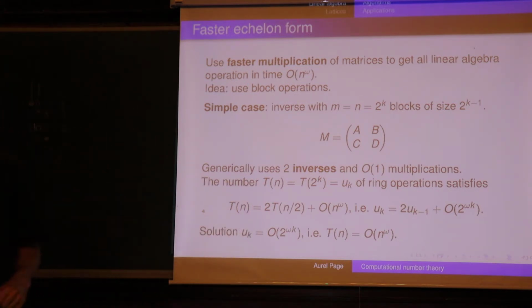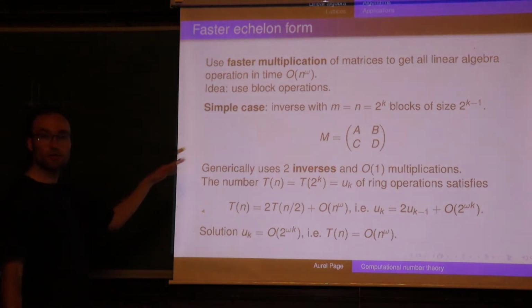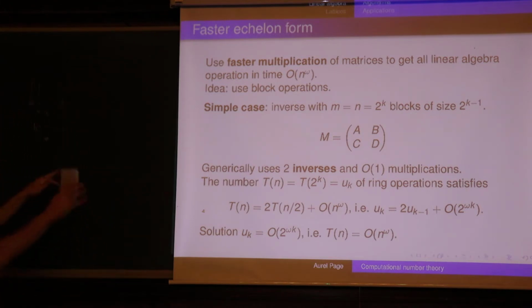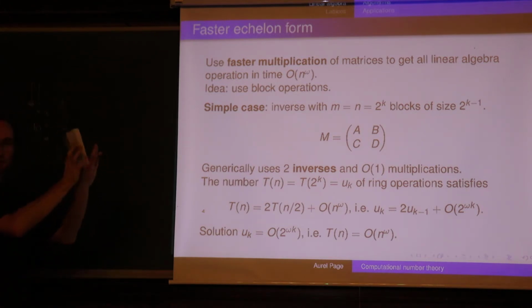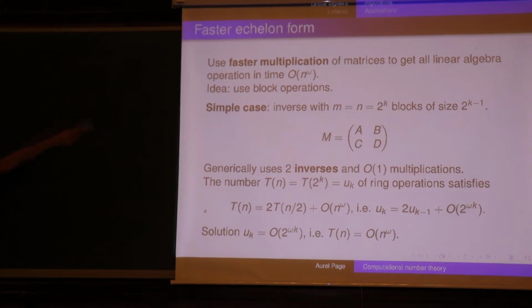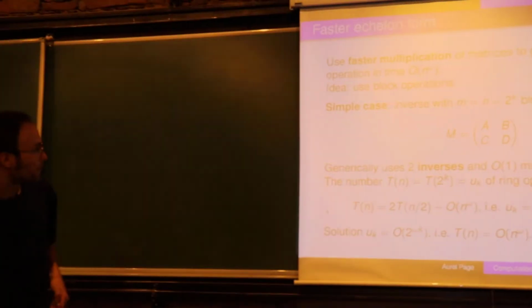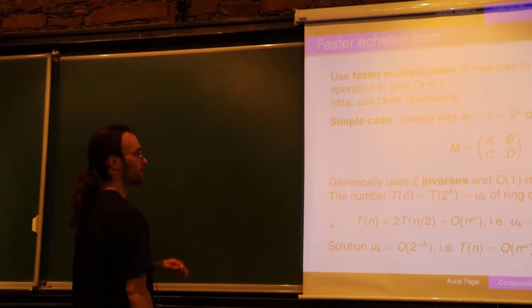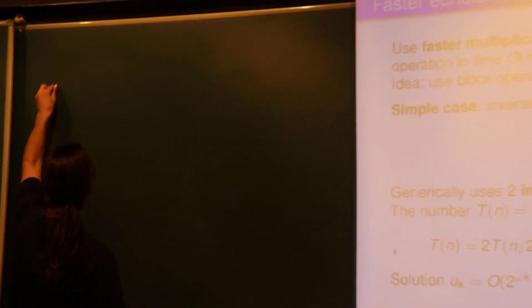So let me do this simple example on the board. I will just show you how to invert matrices using faster multiplication, assuming that everything goes well in the algorithm, that we are not in a special case. So we'll consider a matrix of size power of 2. Again, to simplify, you can reduce to that case.